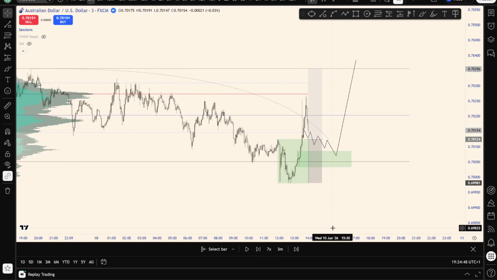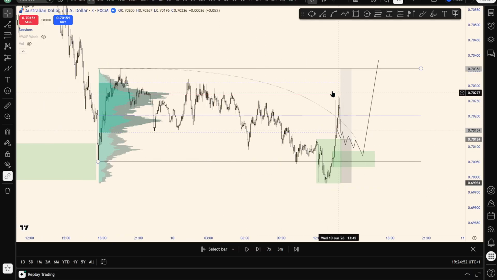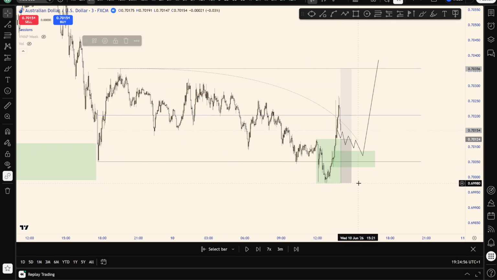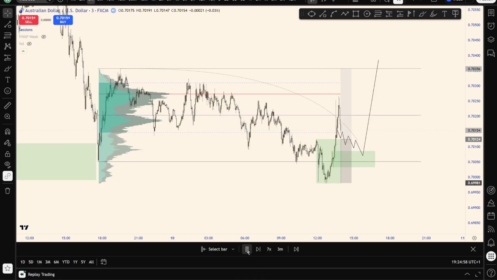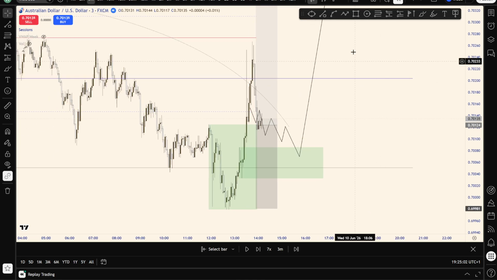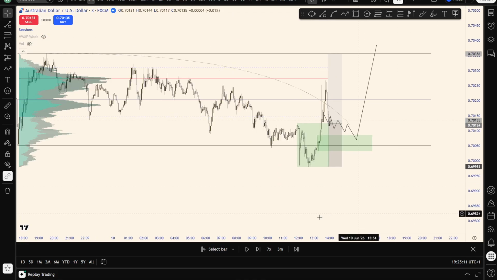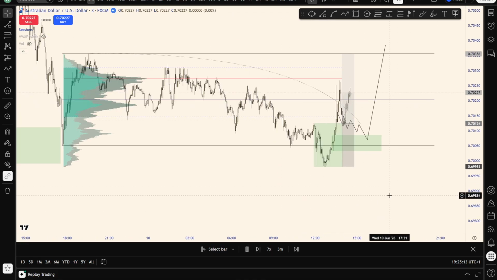So I was thinking price reacts out of the POC, and this was backed by the volume area low, but price just came here, I was expecting something like that, but then price just dumped higher and completed a model here.